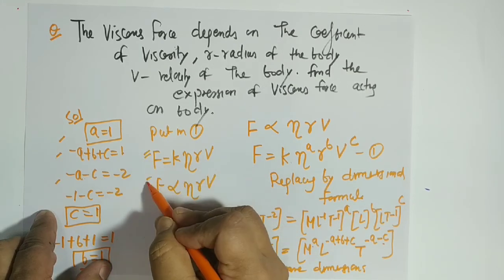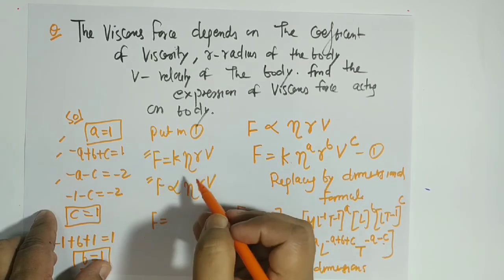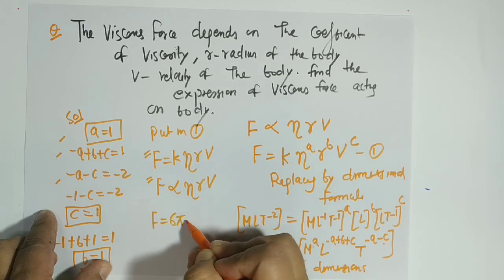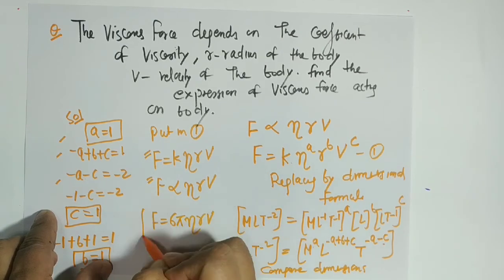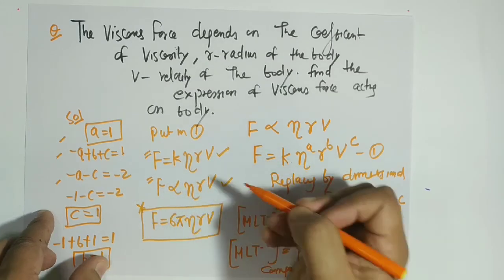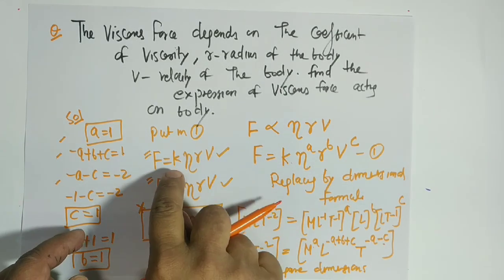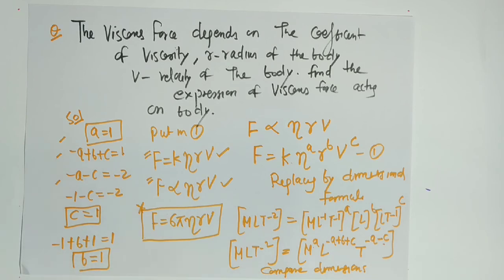This is correct, this is also correct. Then the final expression is this. Dimensionally correct, though the formula is 6 pi eta R V, you have to write either in this or in this. You don't remember 6 pi, no problem, because you just have to deduce the relation. So I think again you got it.